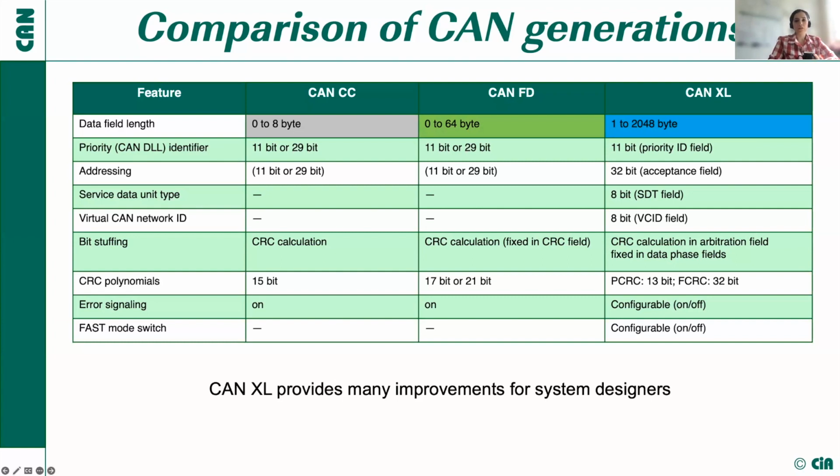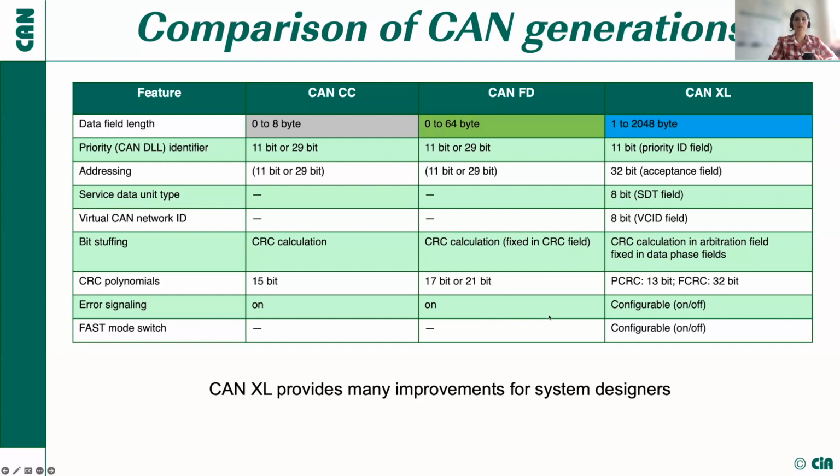Also, there are some changes in bit stuffing, as you can see here, and the CRC, as I mentioned in the last slide. But the CAN XL nodes have the ability to be configured by software for error signaling behavior.